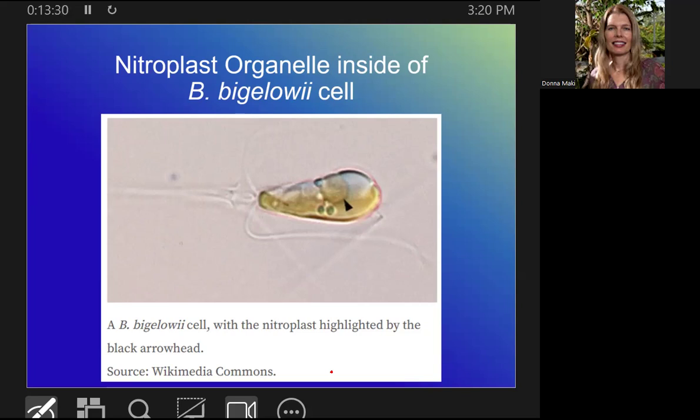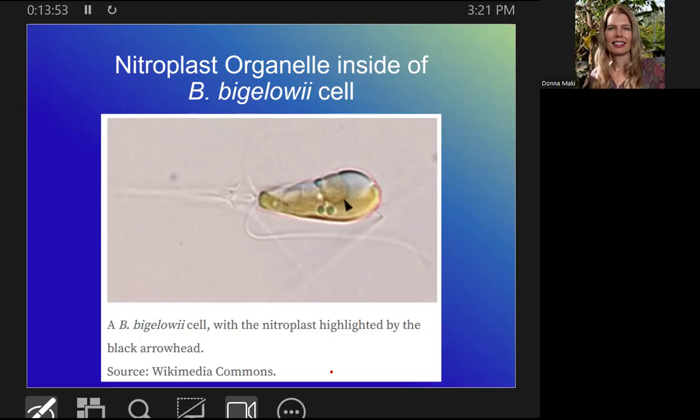Okay, so it's pointing to this big thing in there. That's the nitroplast. That was once a free-living cyanobacteria. So this is the endosymbiosis idea: that was free-living, but it got incorporated into this particular algal species and over time has become the nitroplast through evolution and adaptation.